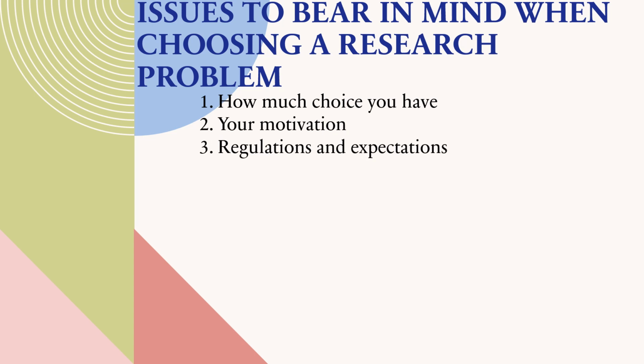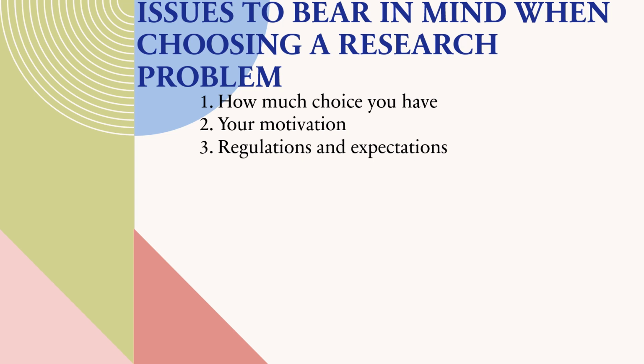Then number three, also you can consider the regulations and expectations of the institutions where you work. It may be an organization, it can be maybe a university. You find that there are some institutions where you have to undertake primary research. But maybe for you, your research problem is only going to focus on secondary research.